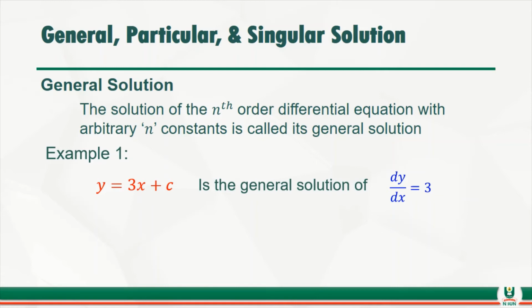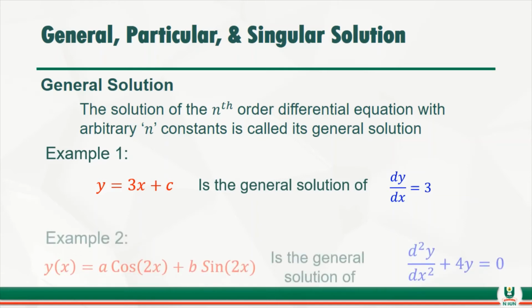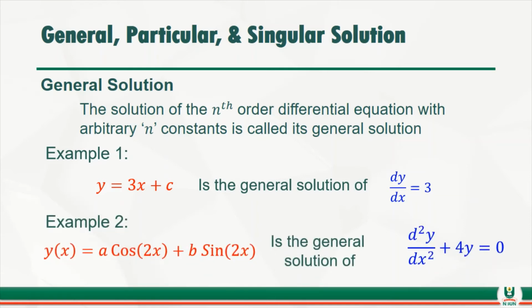Example 2: y of x equals a cos 2x plus b sin 2x is exactly the general solution of the second order equation d²y/dx² plus 4y equals 0. Most important, if you look at the first order and second order solutions, you see the constant of integration there. Whenever we talk about the general solution, there will be a constant in the solution.